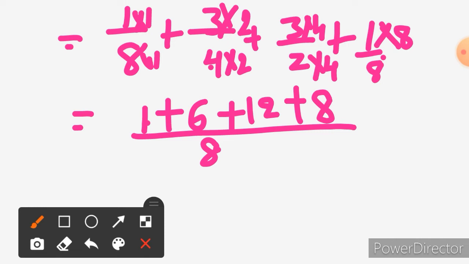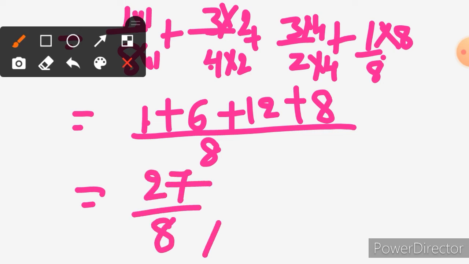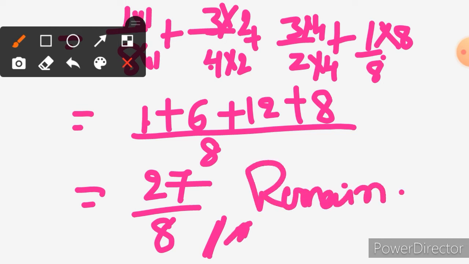Am I correct? So let me see what I'll get when I add. 12 plus 8 is 20, 20 plus 6 is 26, 26 plus 1 is 27 by 8. So this is the actual remainder for this given polynomial. You can also use the division method to find the remainder.